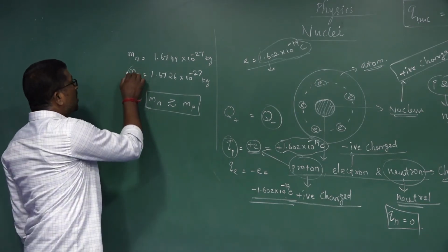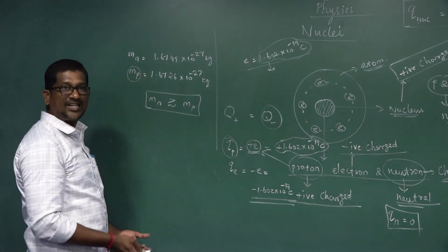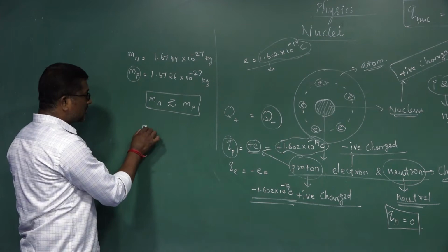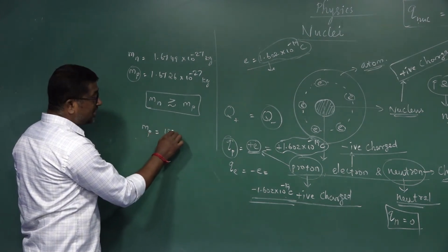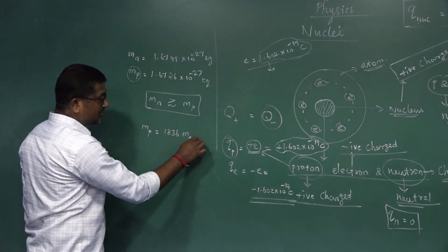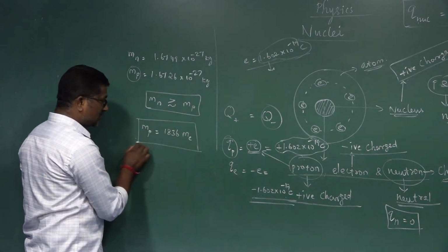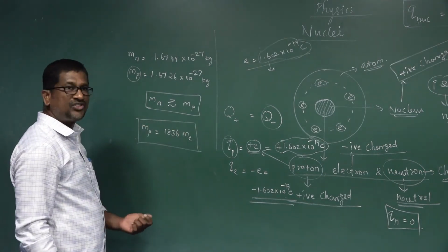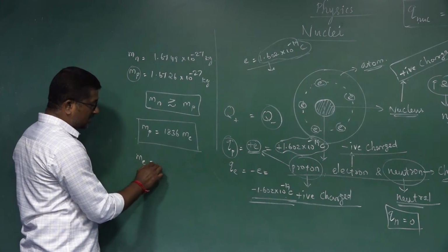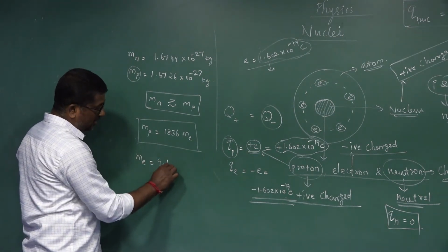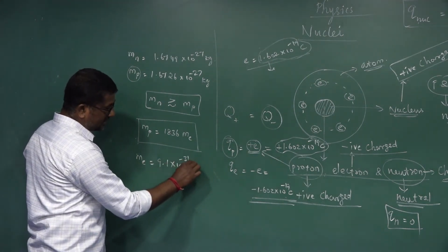So comparing the mass of a proton with the mass of an electron, the mass of a proton is 1836 times the mass of an electron. Okay, then what is the value of the mass of an electron? Mass of an electron is 9.1 into 10 power minus 31 kg.